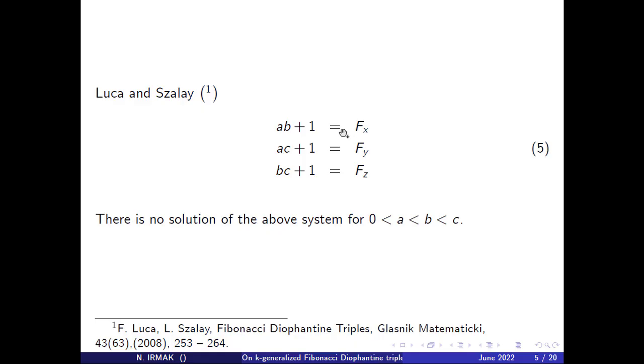Namely, they obtained the equation system ab plus 1 is F_x, ac plus 1 is F_y, bc plus 1 is F_z. Here we put in a condition: a less than b less than c, and they are positive integers. And they show that there are no solutions of the above equation system.